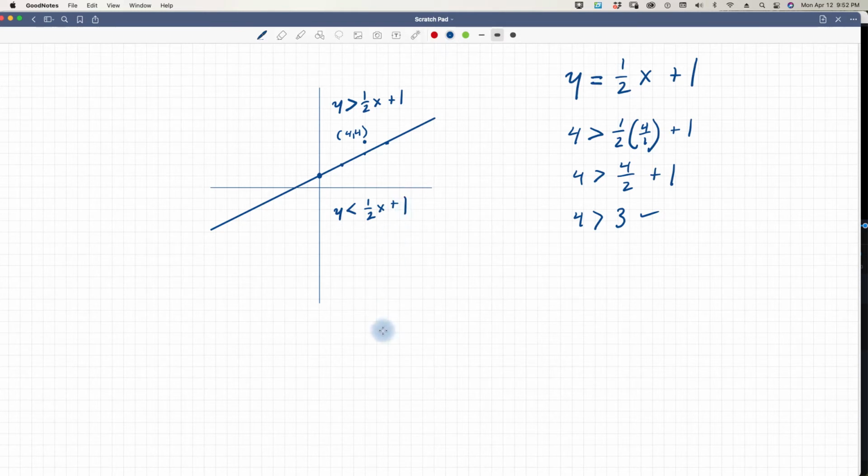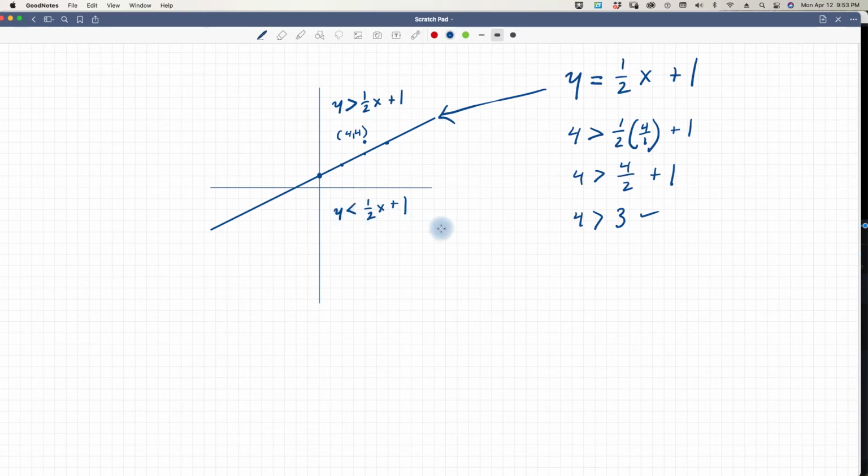Okay? So you can see kind of how that works. The line itself is the equal sign, and then you test a point on either side to figure out where the inequalities lie, whether it's less than or greater than. Okay? So given that information, let's do the graphing of an inequality.